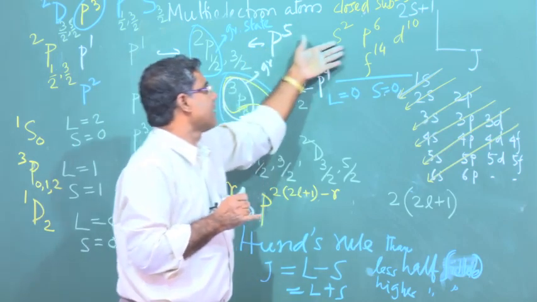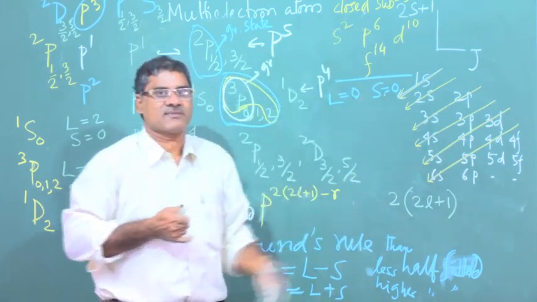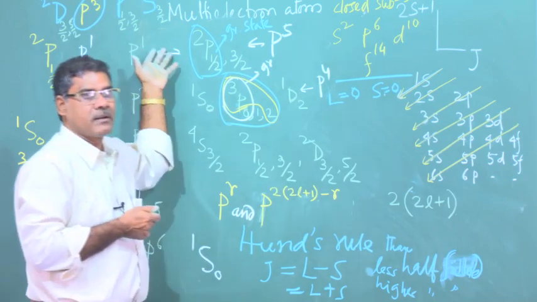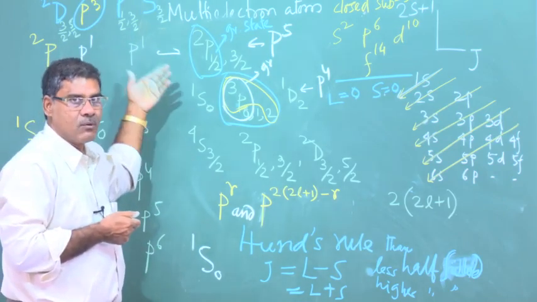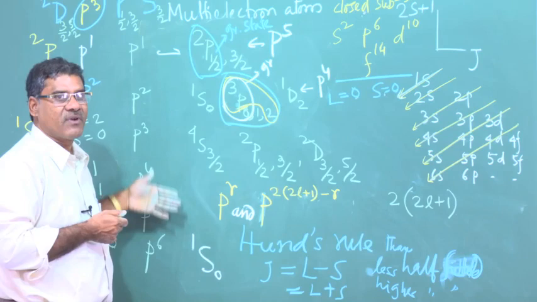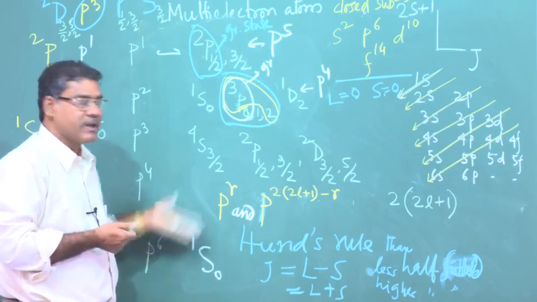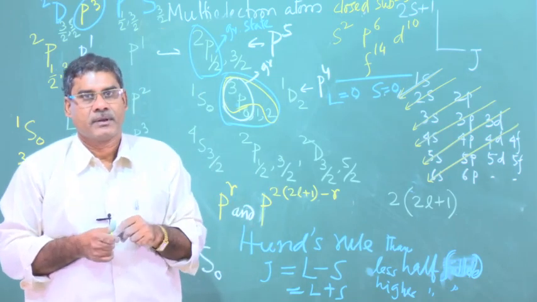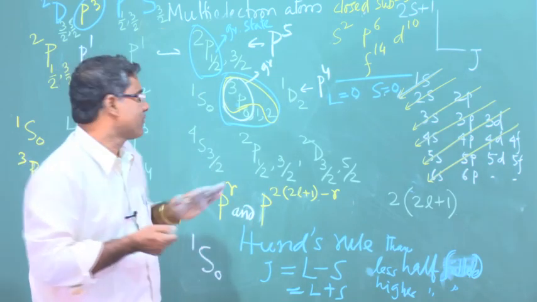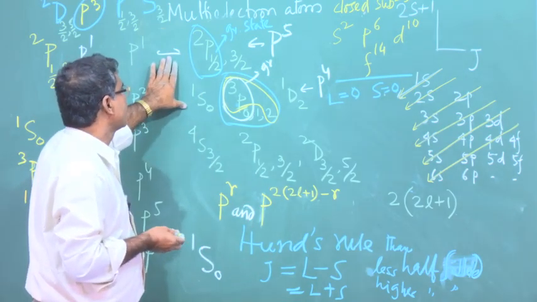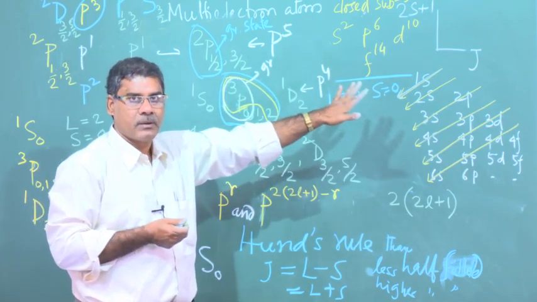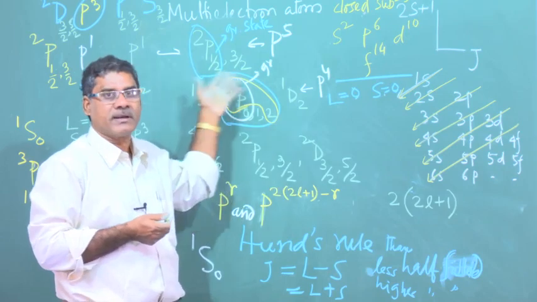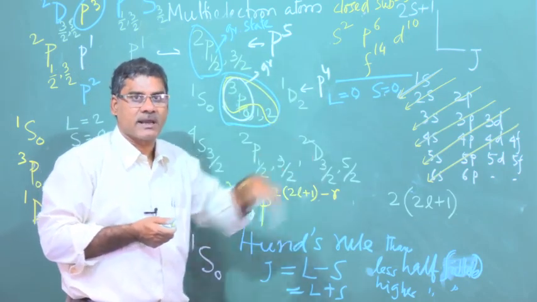Then only the unfilled subshells: S1, P1, P2, P3, P4, P5, P6 again closed, D1, D2, D3, D4, D5, etc., F1, F2. For that you have to find out the spectroscopic terms. For equivalent electrons, how to calculate; for non-equivalent electrons, all terms are allowed.